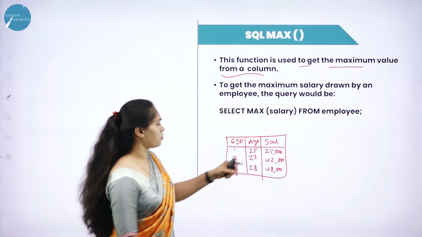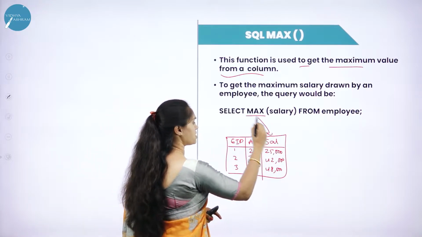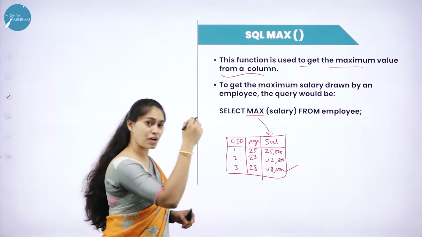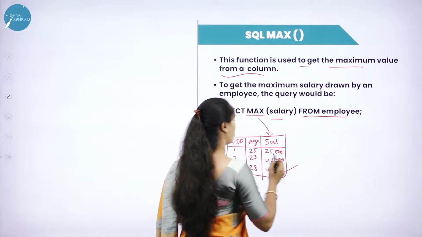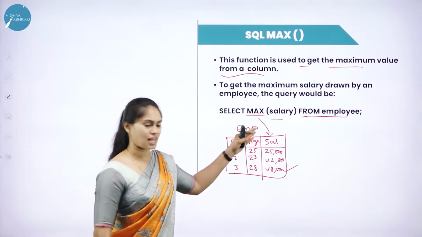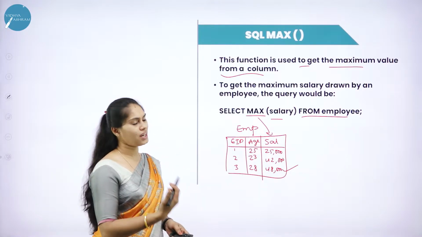If I apply this maximum function to a single column, it returns the maximum value from that column. So select max of salary from employee. If I consider this as an employee table, in the salary column the highest value is 48,000, and that value will be returned.